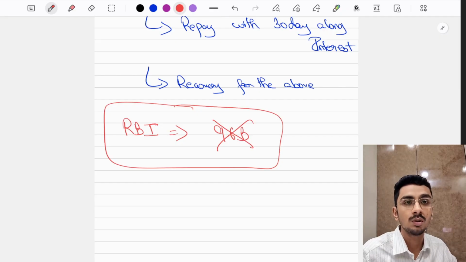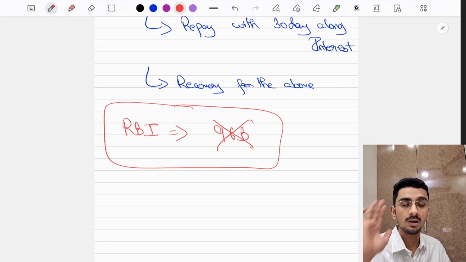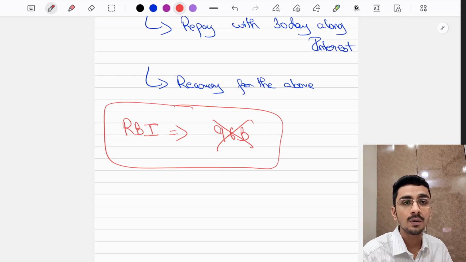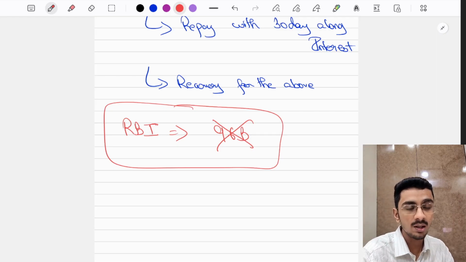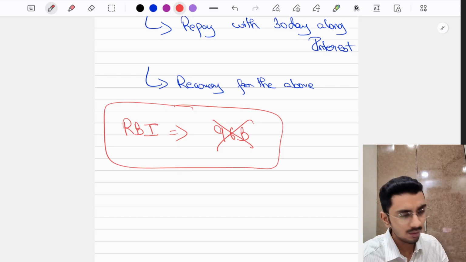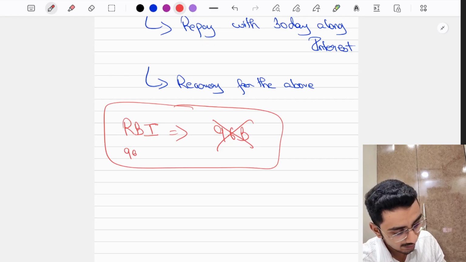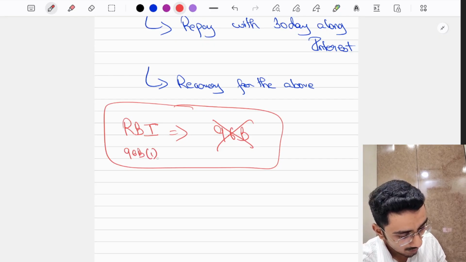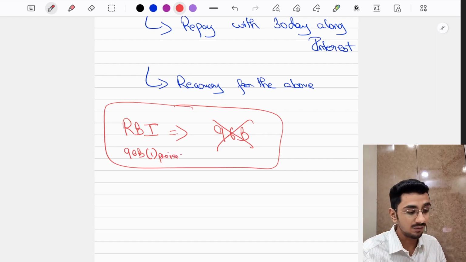You don't have to worry about the provision with respect to 96B, because RBI has clearly told you that they will waive the condition of realization for goods, as 96B is only applicable for goods. This is stated in the 96B(1) proviso. Once you read it, you will understand this.